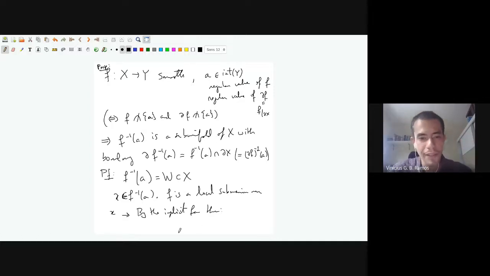So there is a chart such that near x, you get taken to a only if you are in this linear space. And then when you look at the preimage of the chart, you have a little chart for your submanifold W.